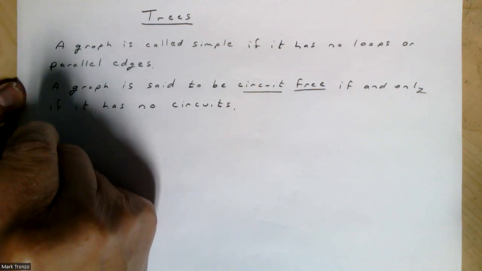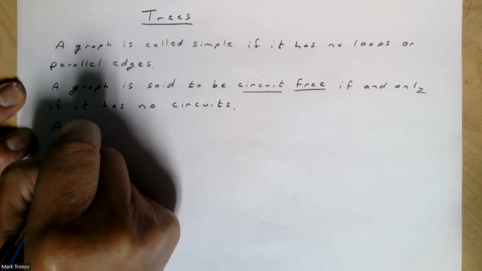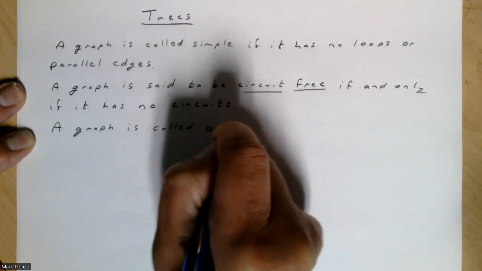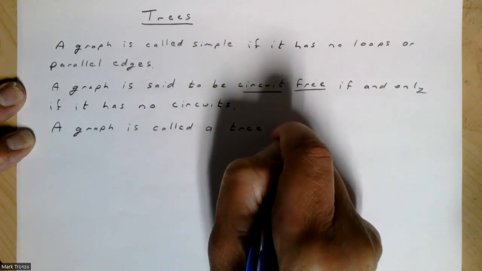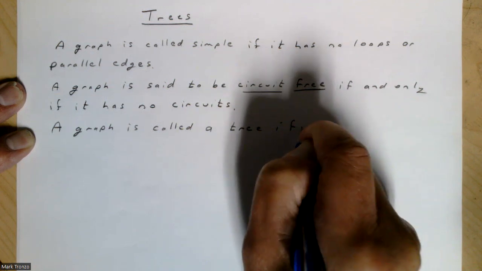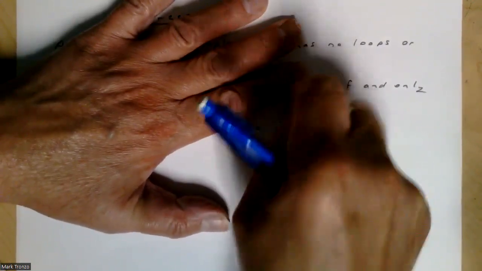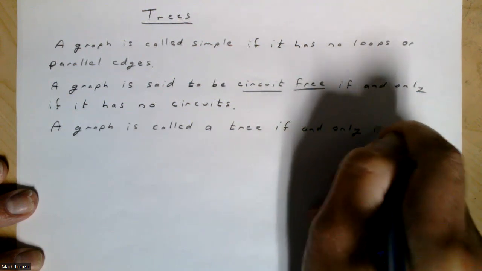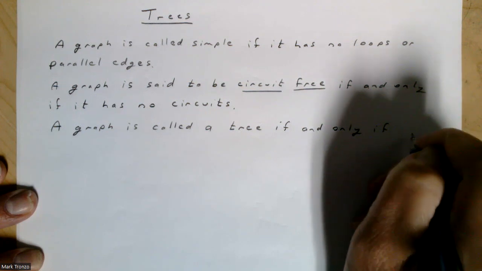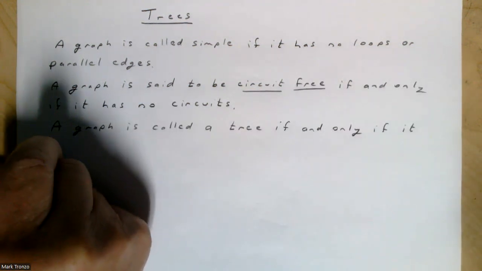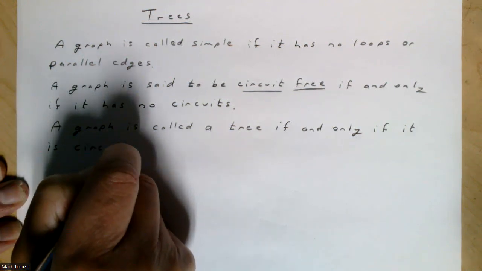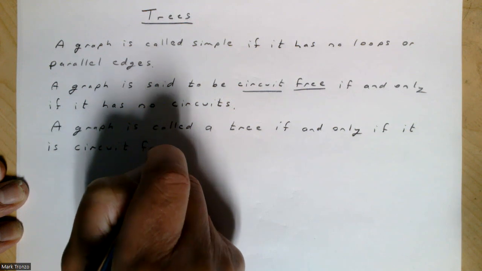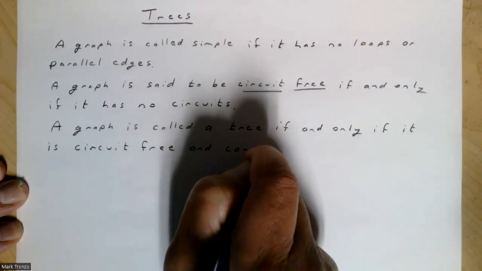And then a graph is called a tree if and only if, to make that a little bit better, it is circuit free and connected.